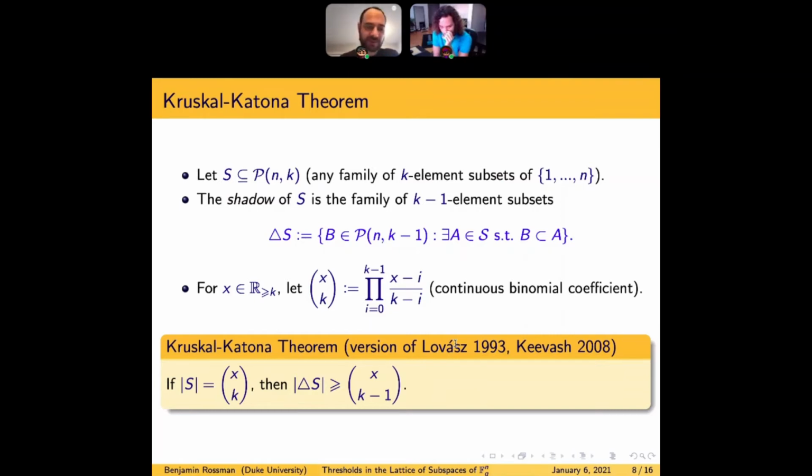Here's one version that's easy to state of the Kruskal-Katona theorem: if the size of the family S is x choose k, then the size of the shadow is at least x choose k minus 1. This version in terms of the continuous binomial coefficient was originally shown by Lovász, and there's a stability version of this result due to Keevash.